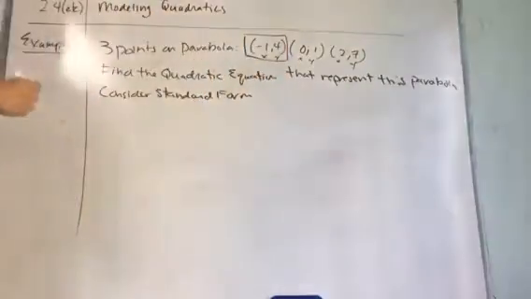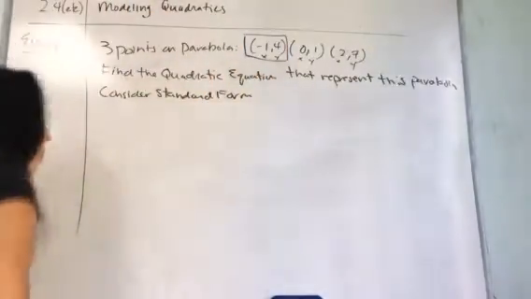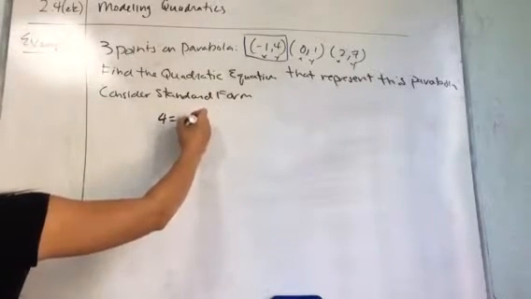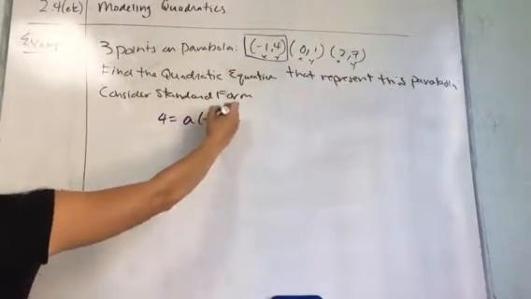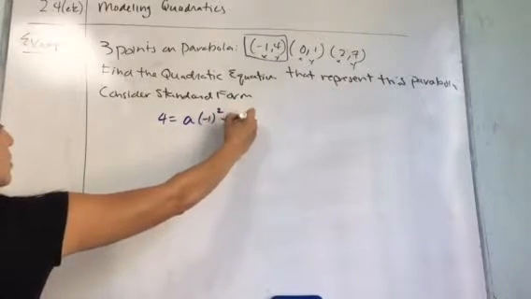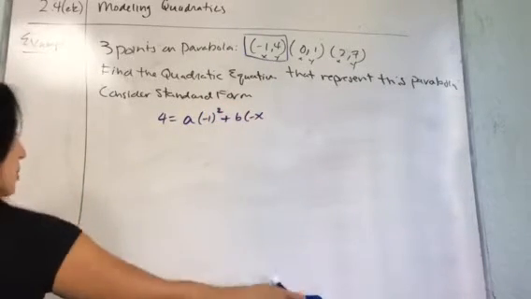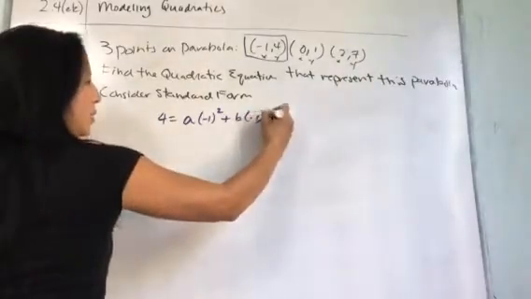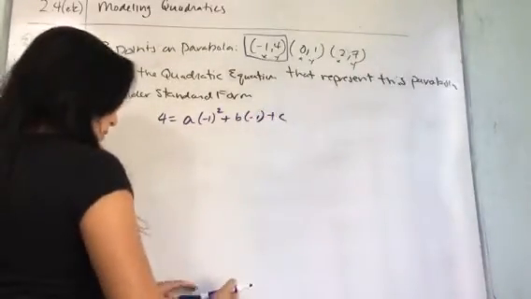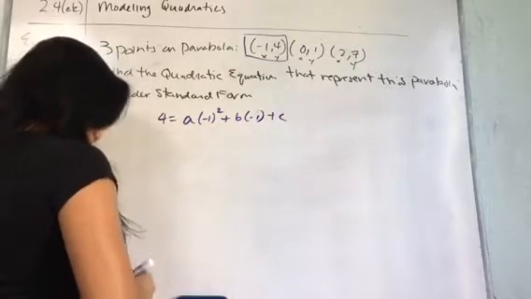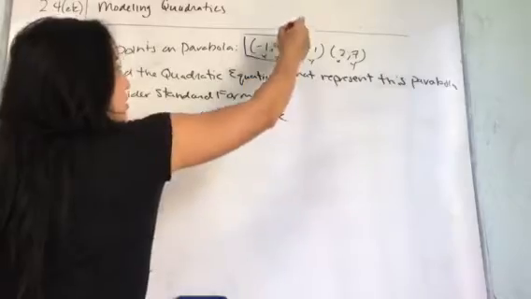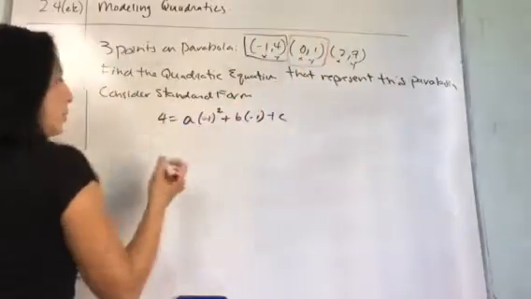If I have the point -1, 4, and I put the values into a standard form quadratic, I get 4 is equal to a times x squared plus b times x, plus c. This is an equation that represents the first point. Then let's consider the second point in red.